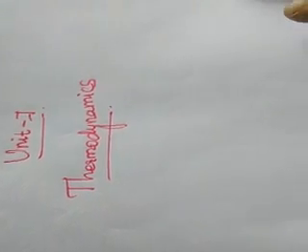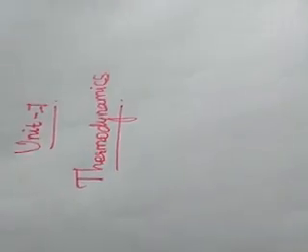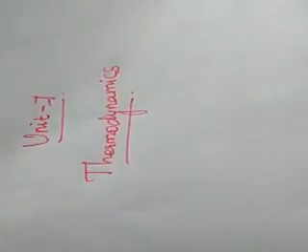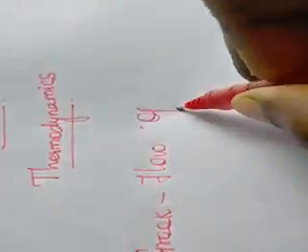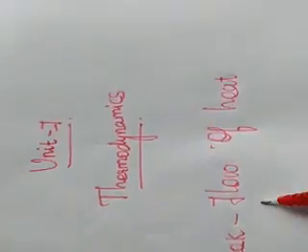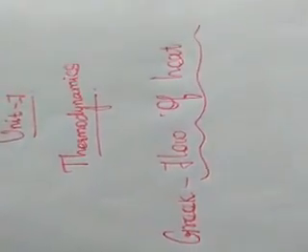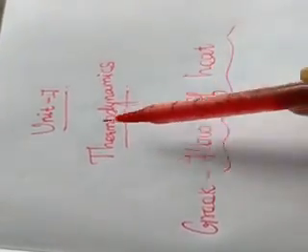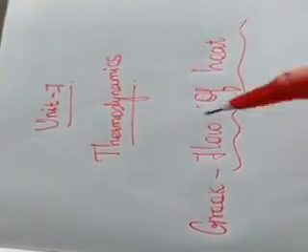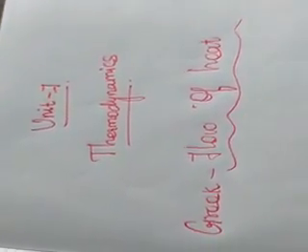Thermodynamics is derived from Greek, and it means flow of heat. So what does flow of heat mean? Flowing heat from one place to another place, that is flow of heat.